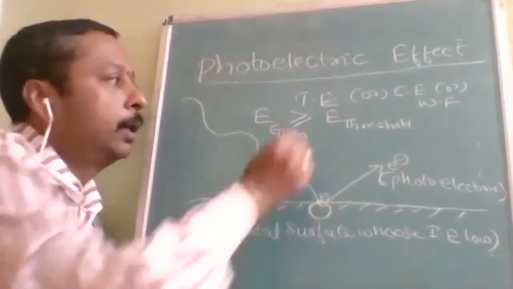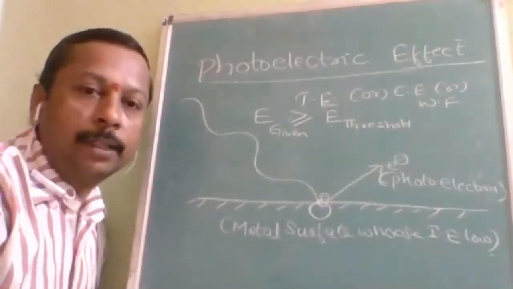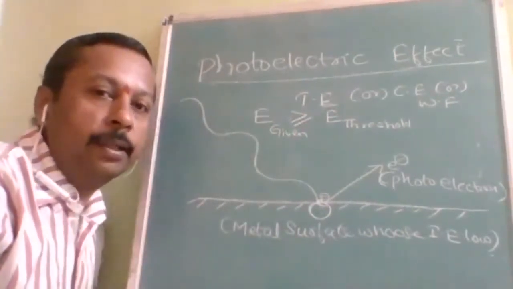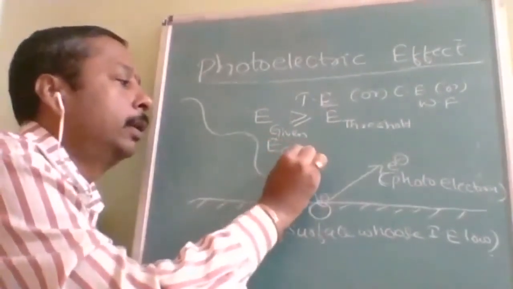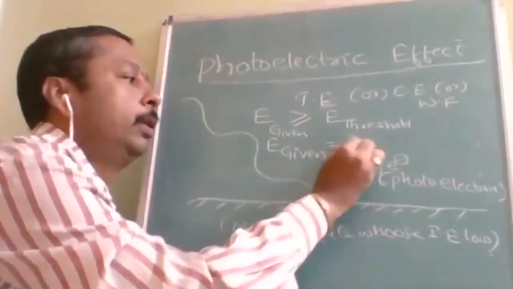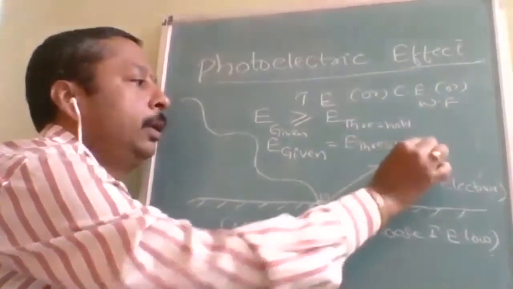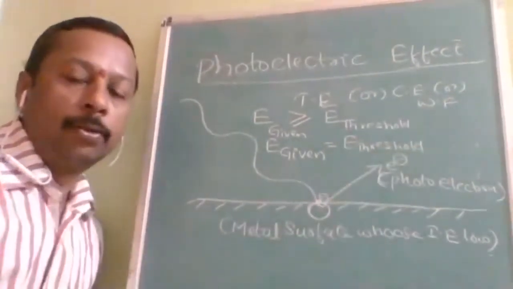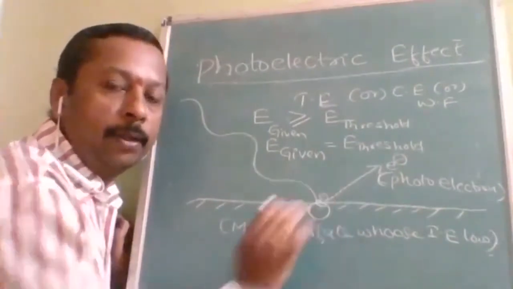So again you can find two values. What will be the difference when one of the conditions is satisfied? Suppose E given is equal to E threshold. Then the electron will just come out from the atom and stay on the surface.